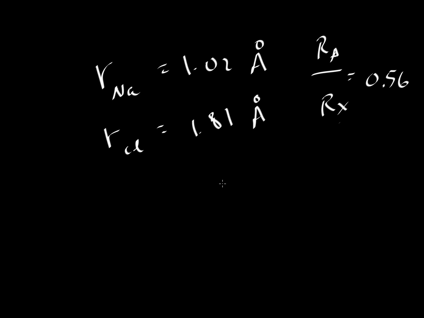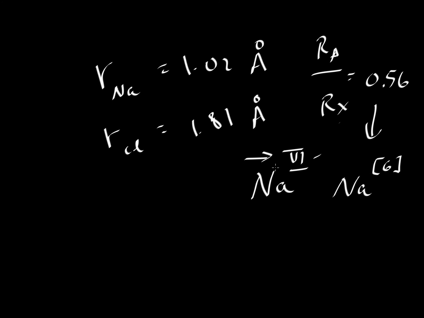And if you refer back to that previous chart, that should equate to a sodium atom that would be in 6-fold coordination. So we could write sodium, and then in Roman numerals here, we write the number 6. Sometimes it's also indicated as a 6 in Arabic numerals and then in square brackets. So that would be the coordination number.